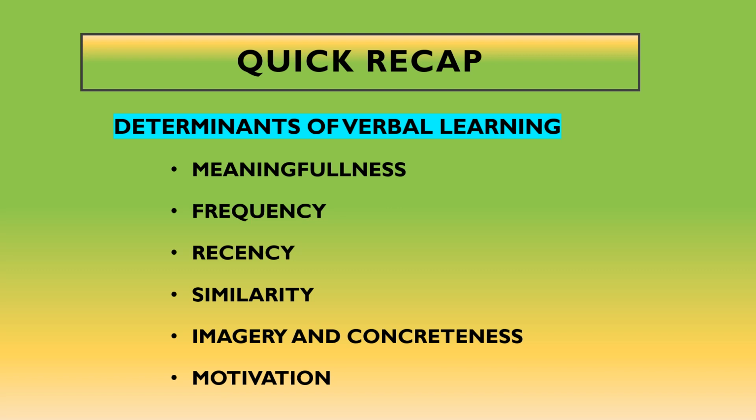Then recency, how recently you have learned that word. Then similarity. The similar words make it difficult for us to learn. Then imagery and concreteness. Concrete words help us to make images of that word. Then motivation. How motivated you are, it affects your learning process.